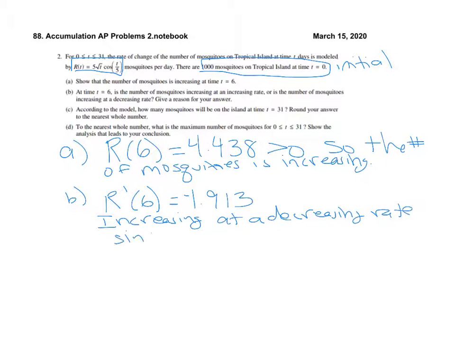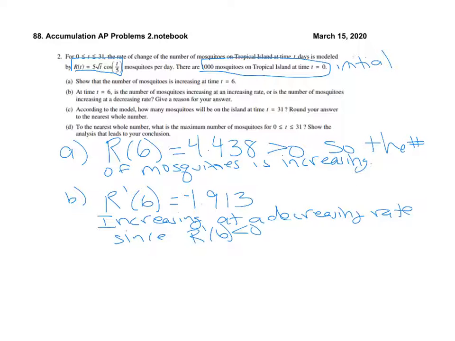Since r prime of 6 is less than 0. So imagine what's happening there: there are more mosquitoes every, what is this, per day, right? So the first day it's 1,000 mosquitoes. The next day it's 2,000 mosquitoes. But the rate is coming down.